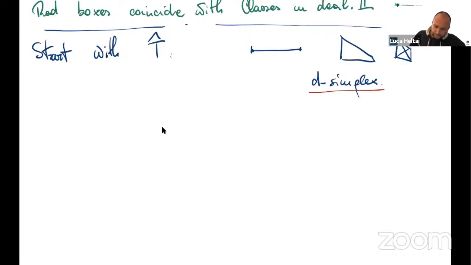Okay, so on T hat, we choose a P of T hat, finite dimensional.